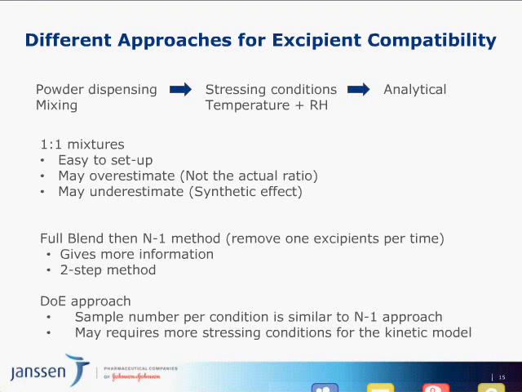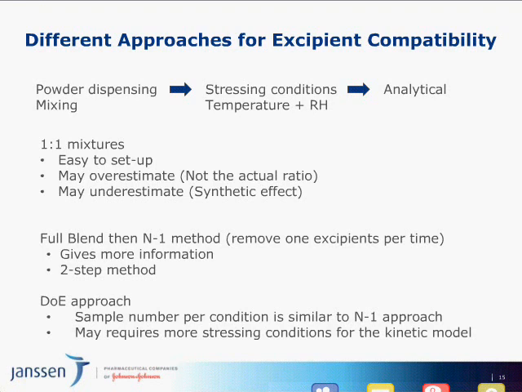The last approach is the DOE approach, and of course it's going to give you more information about your kinetics and different stressing conditions, but you are going to have to prepare a lot of samples. In the past, we mainly used the approach of first the full blend, and then the N-1 method.